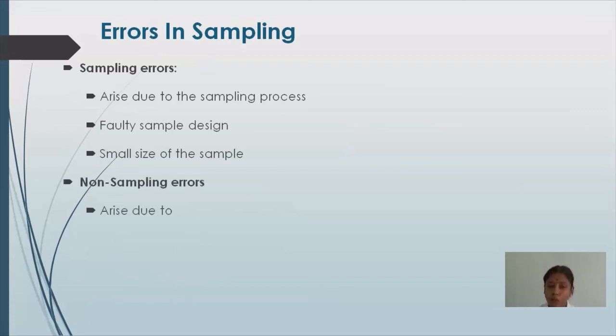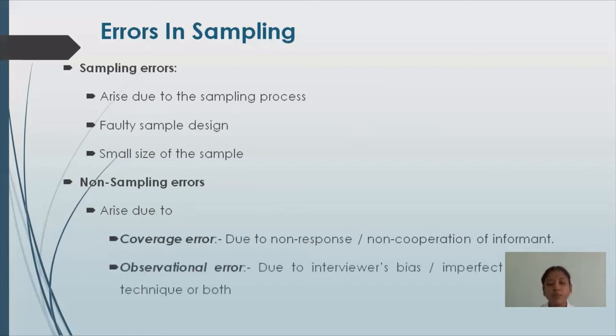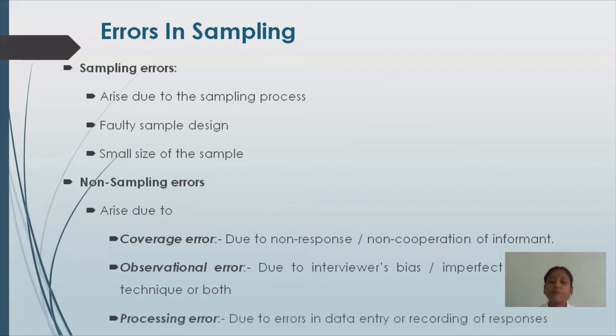And sometimes it can also arise due to non-sampling errors, mainly the coverage error, that means the non-response or non-cooperation of the informant, or the observational error due to the error on the interviewer side, that means due to interviewer's bias or imperfect techniques, or both, or sometimes processing error, which arises due to errors in data entry or recording of responses. So all these play an important role in creating error, and all these errors should be avoided while doing sampling.